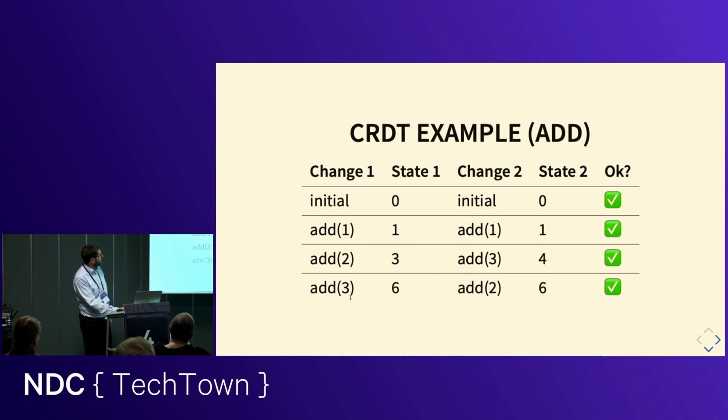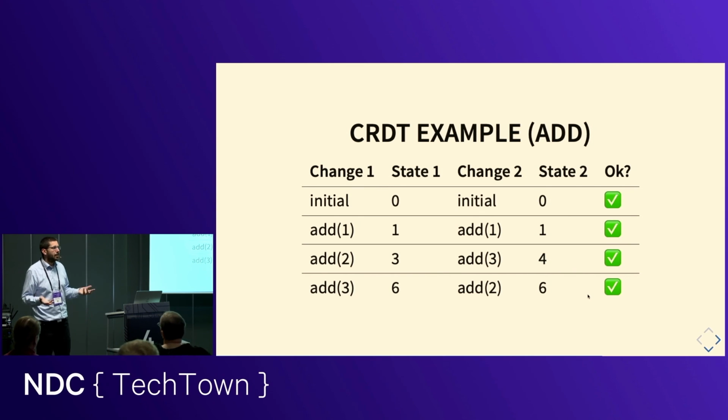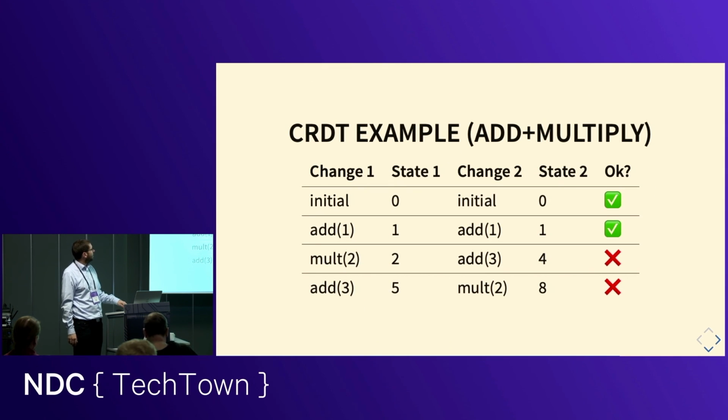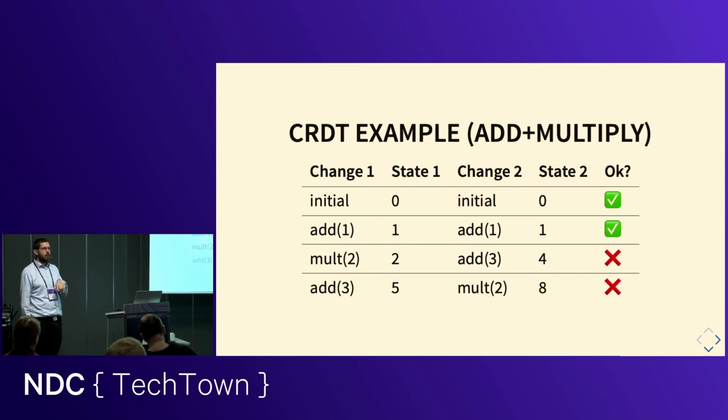And then you switch it, so you add 3 and 2 and you get to the same answer. So the plus operator basically allows an integer to be a CRDT. On the other hand, if you mix add and multiply, it's not going to work, because 1 plus 2 multiplied by 3 is not the same as 1 multiplied by 3 plus 2.